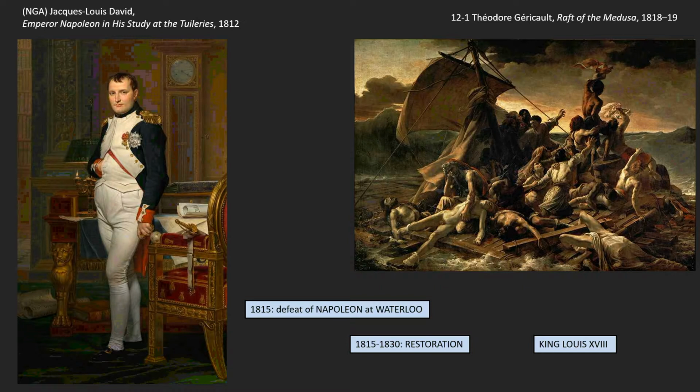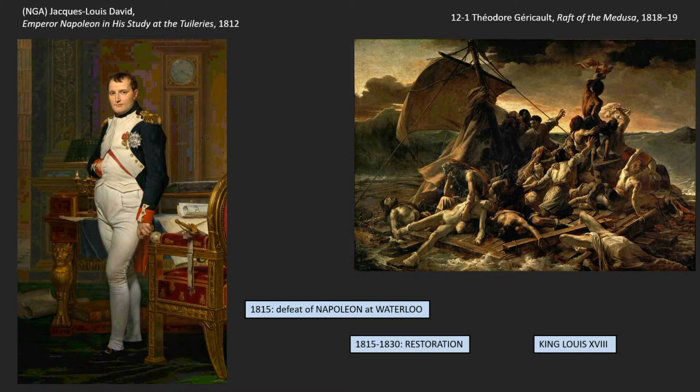One of these anti-royalists is Géricault. And this is intended as an anti-royalist painting, picking up on what everybody saw as a fault of the French monarchy: that by appointing this friend to be the captain of the ship, what Louis XVIII has done is put personal interest ahead of the good of the people.